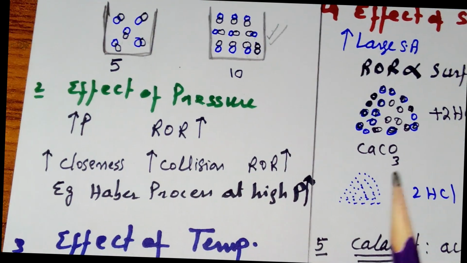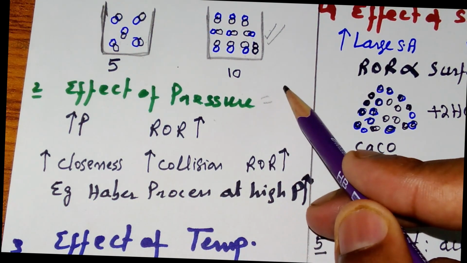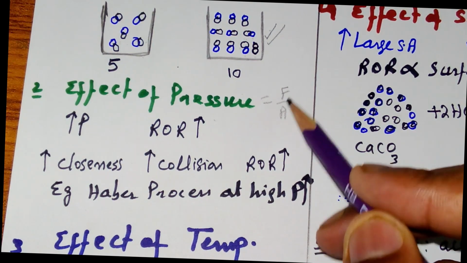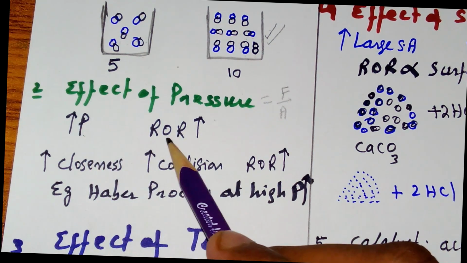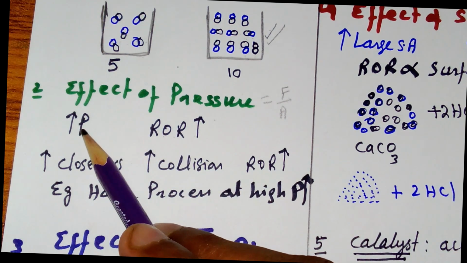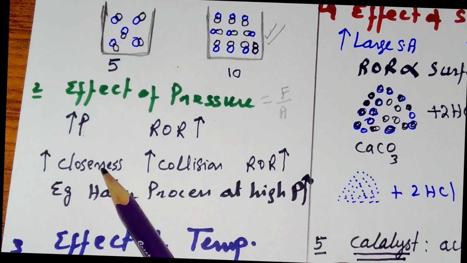Another factor that we have is the effect of the pressure. We know that pressure is always equal to F upon A, the force acting per unit area. So if we increase the pressure, the rate of the reaction increases. Increase in pressure means the closeness among the molecules increases. We all know that gaseous molecules have wide spaces among them.